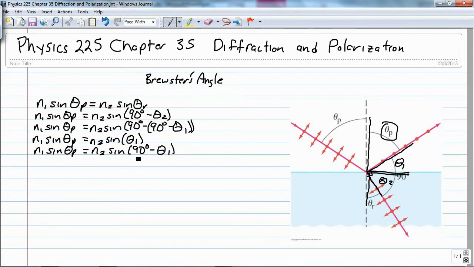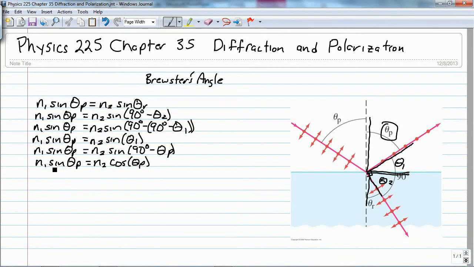But whenever I have a 90-degree shift, I can make that a cosine. Oh, this should be theta p, I'm sorry.